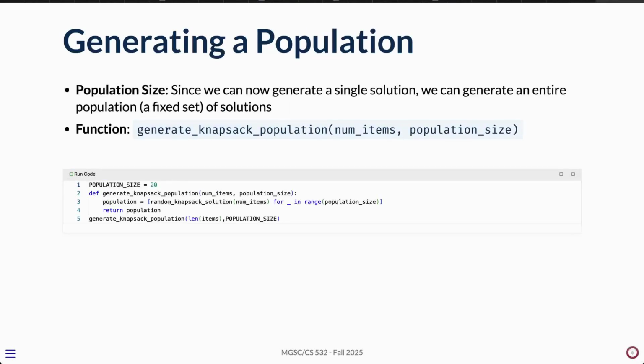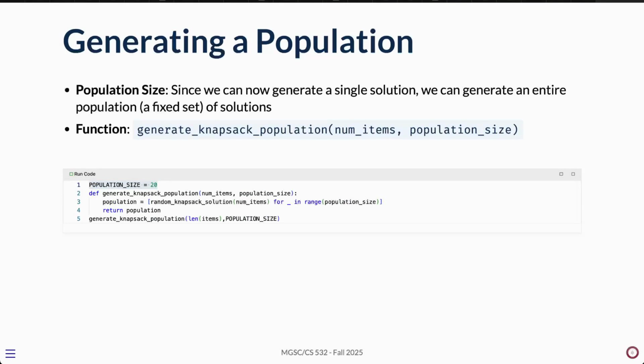Building on our ability to generate single solutions, now we can create an entire population. So this function generate knapsack population using num items and population size as parameters makes us a collection of random solutions that will form our initial generation. So in this example, we've set population size equal to 20, which is relatively small but sufficient for the purposes of this lecture.